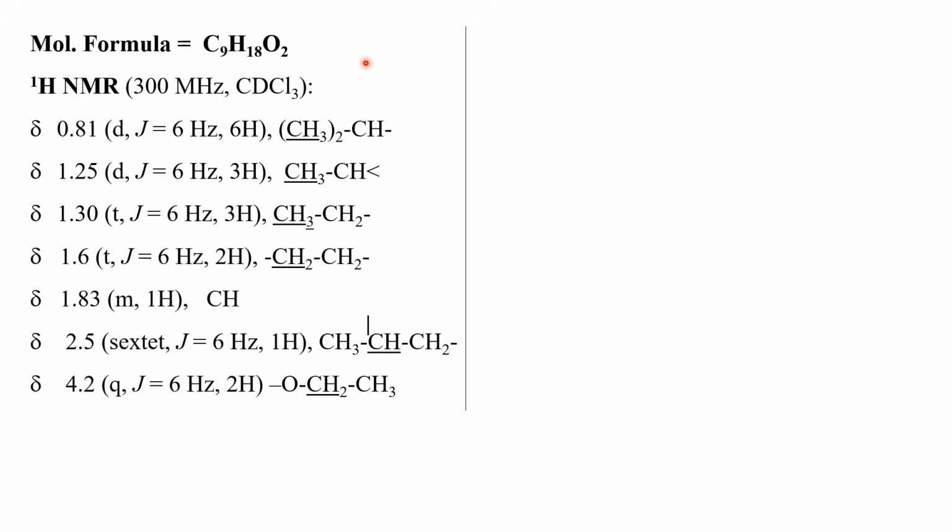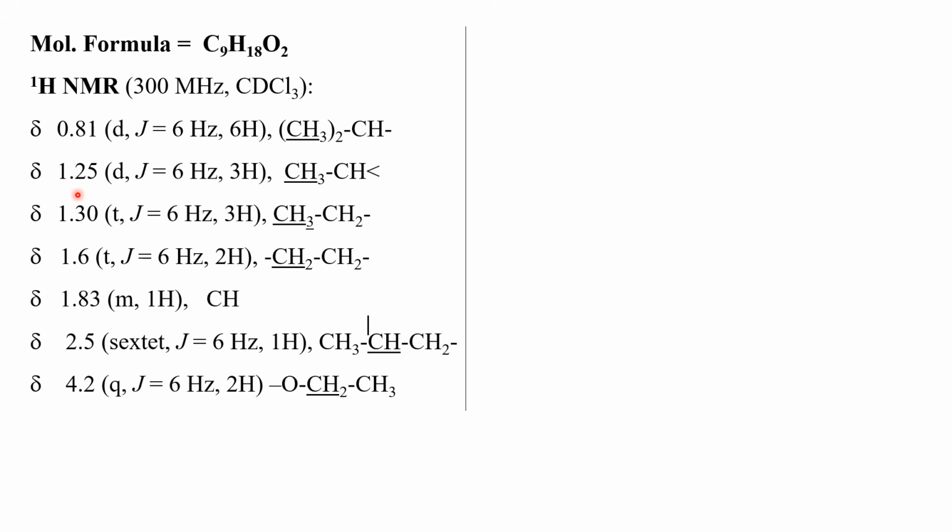With this molecular formula, let us try to extract the information from the H1 NMR data. The first signal appears at 0.81, which is a doublet for 6 protons. A doublet means the neighboring carbon should carry a single hydrogen. With 6 hydrogens, it can be 2 methyl groups attached to the CH.